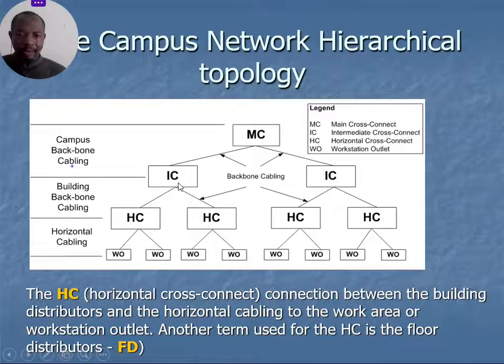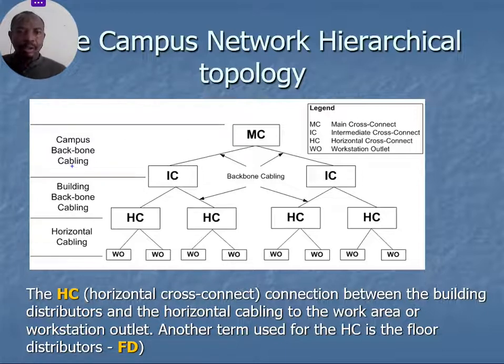It connects from the building distributor, the IC, to the workstation. Another term used for the HC is the floor distributor. I told you every HC could be the distributor point for a floor, for a level, because some buildings have 26 stories, 32 stories, 46 stories, 88 stories.